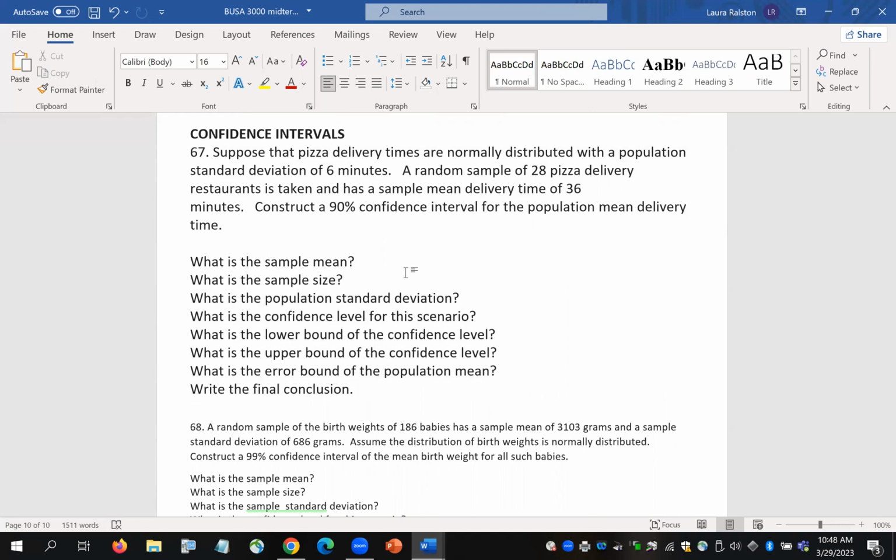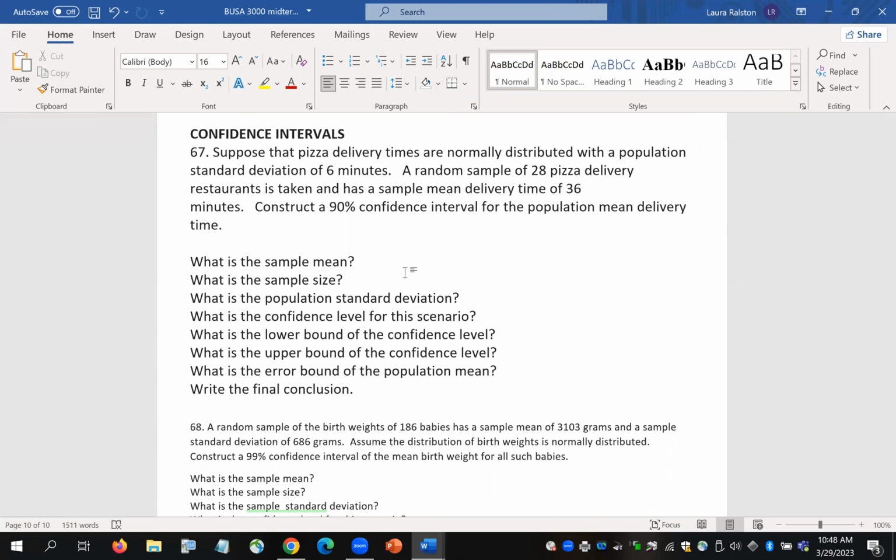A random sample of 28 pizza delivery restaurants is taken and has a sample mean delivery time of 36 minutes. Construct a 90% confidence interval for the population mean delivery time.